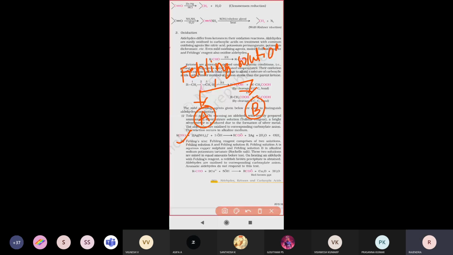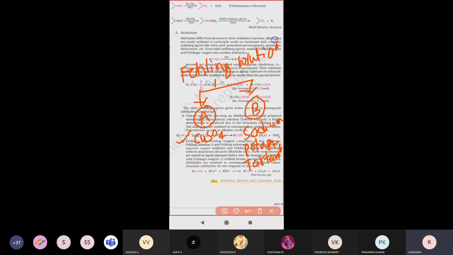Fehling A solution is aqueous copper sulfate solution. And Fehling solution B is sodium potassium tartarate. Sodium potassium tartarate is called Fehling solution B, right?